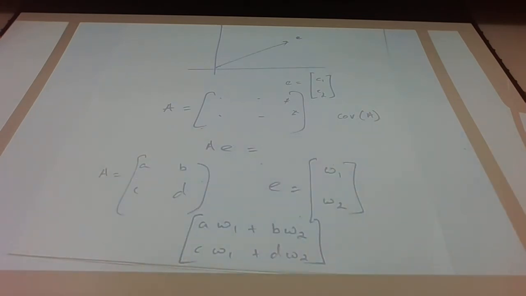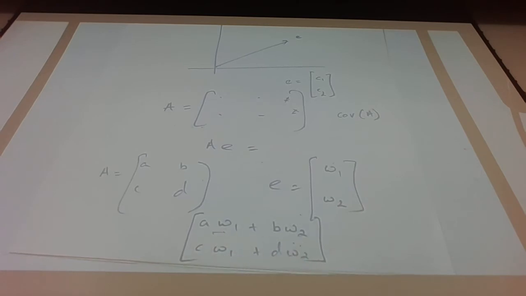Instead of 2 dimensions, you can have 1 dimension, but you combine the 2 dimensions using this weighted average, W1, W2. So W1, W2 are the weights using which you can combine the dimensions. So this gives you new feature dimensions.